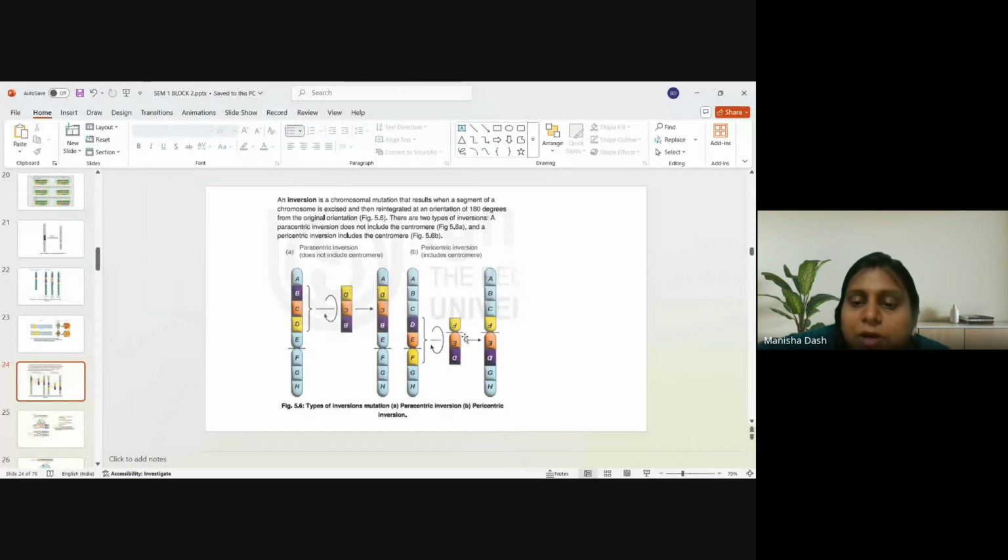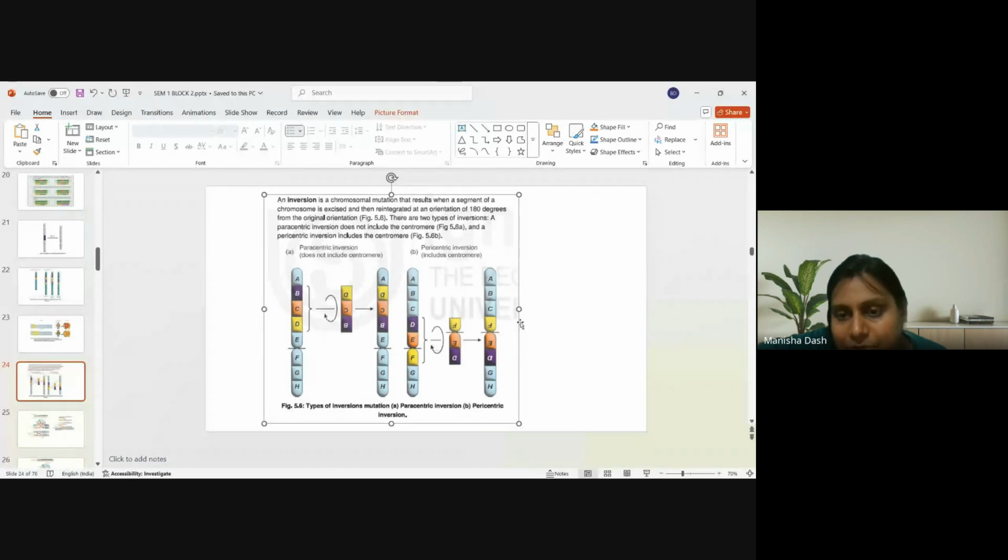If the centromere is involved in the inversion process, this is called a pericentric inversion, like you can see here. If a pericentric inversion occurs, it can alter the shape of the chromosome, like from submetacentric, the chromosome has become metacentric.